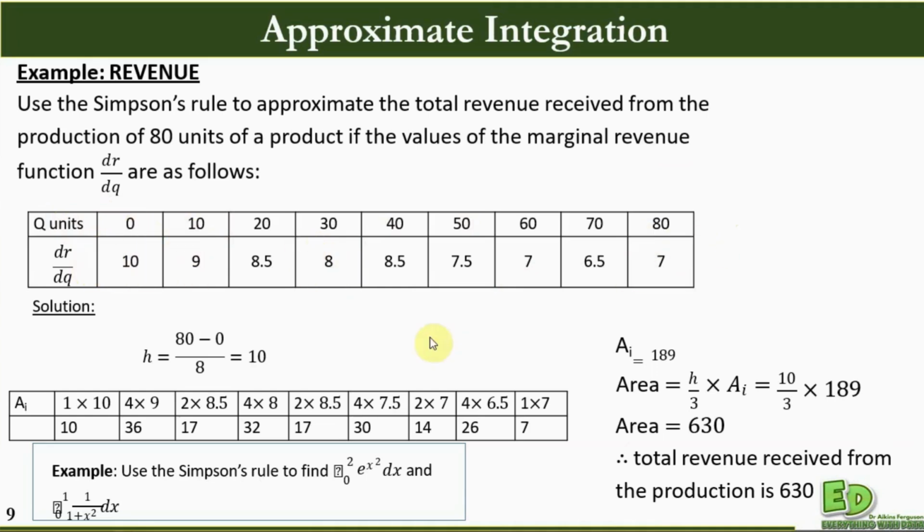So we've been given our quantities and the marginal revenue values. We can find h, which is our width or the distance between the vertical lines. To find h, it is your upper limit minus lower limit over the number of parabolas.